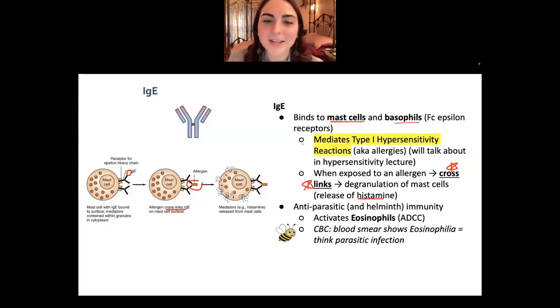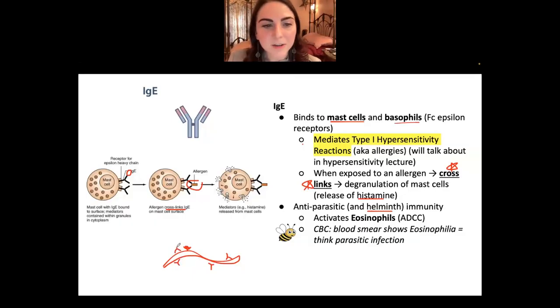The other thing IgE is involved in is parasitic infections, specifically with helminths. Helminths are the really long worms that I showed you the image of on Tuesday. Eosinophils also have Fc epsilon receptors. So this is the worm. IgE says, oh, there's a worm here, we have to get rid of it, so it binds it with its Fab portion, the portion that binds antigen.